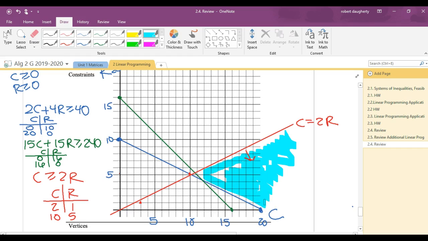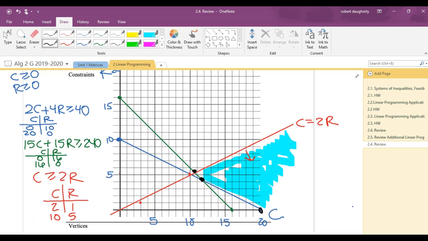And if I look at my vertices, there's one right there, the red and the green line, the blue and the green line, and this line right here. Okay, so I've got to figure out where these lines all intersect. I'll take my calculator in just a moment and do that.